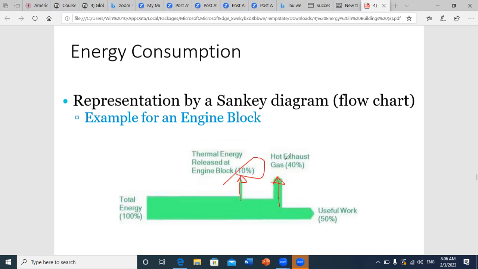Look, this is really a high percentage. Hot exhaust gases can transport up to 40% of your total energy. Hence the importance of using heat recovery. A heat recovery system means that we can use a waste heat source to give heat to another system requiring heat.